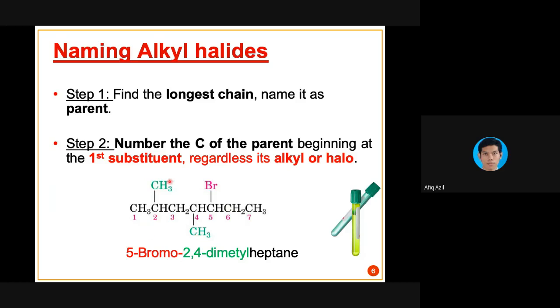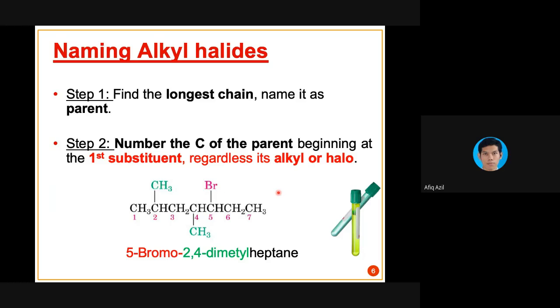It can be alkyl, it can be halogen in this case. So you number the carbons of the parent beginning at the first substituent. We will try to give the lowest possible number. So that means you start from here. 1, 2, 3, 4, 5, 6, 7. This will be number 2, this will be number 4, and the bromine will be number 5.